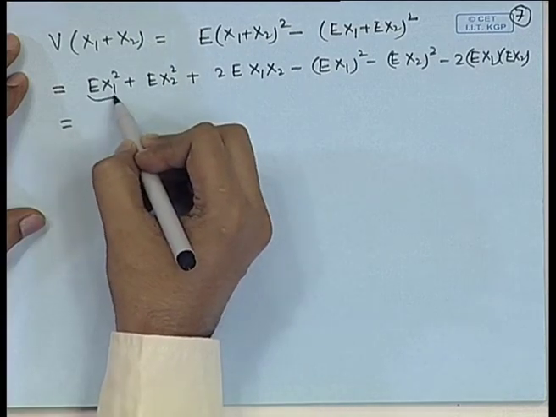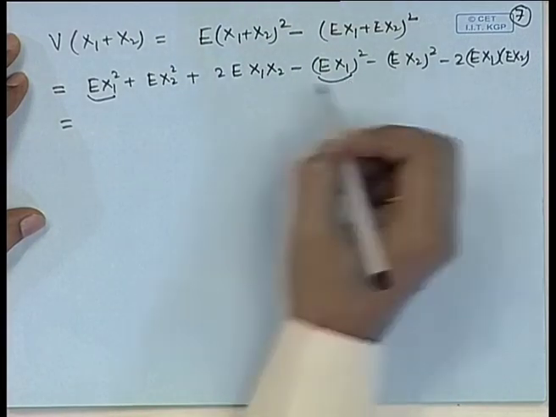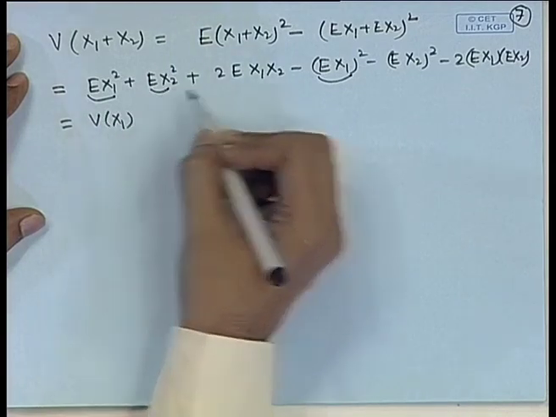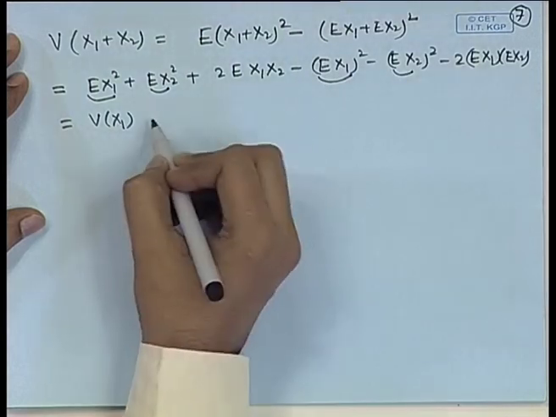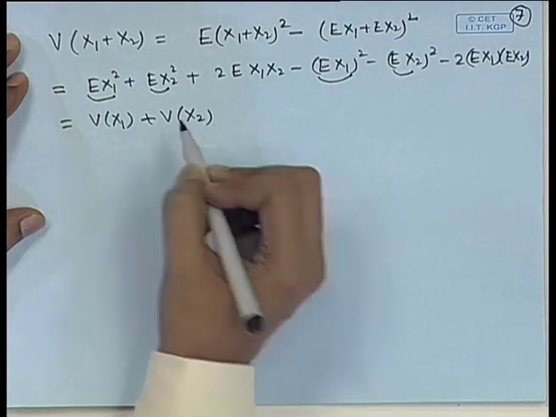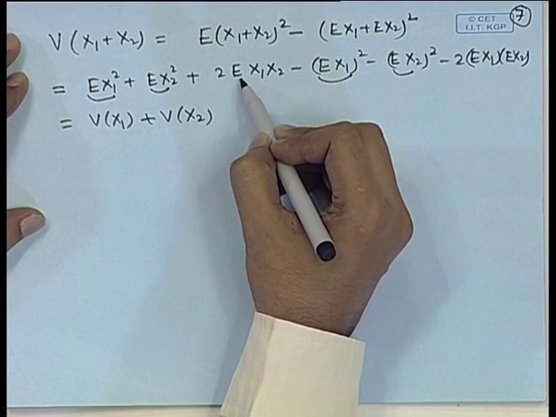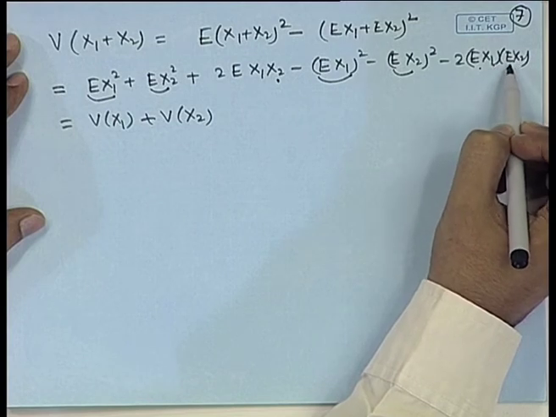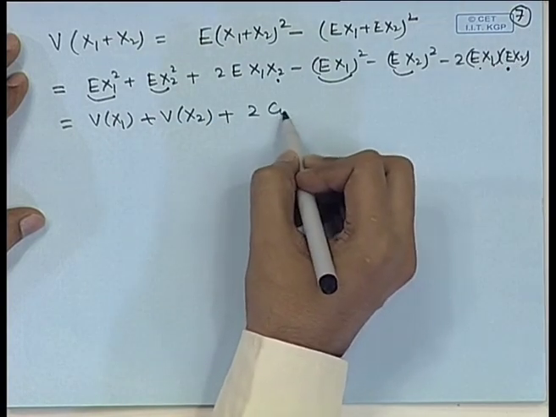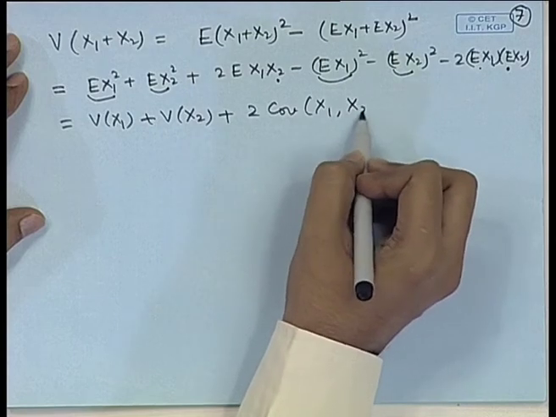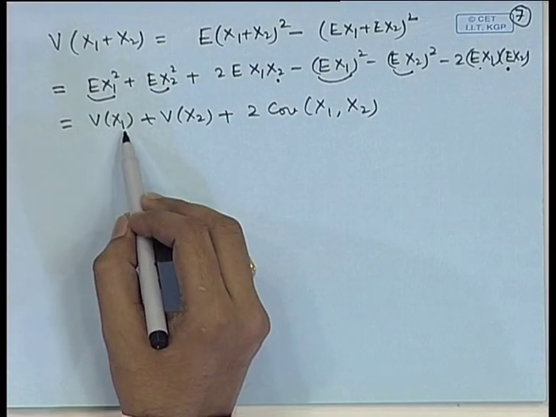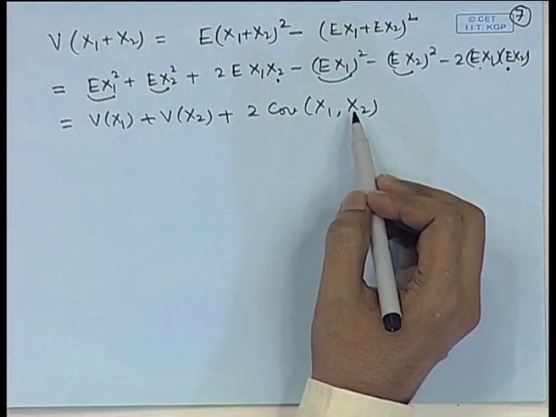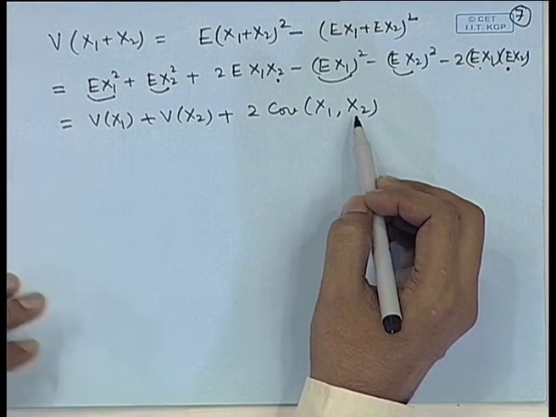If we combine expectation of X_1 square with (expectation of X_1) whole square, this is the variance of X_1. In a similar way, expectation of X_2 square can be combined with (expectation of X_2) whole square, which leads to the variance of X_2. Now, this cross product term, that is expectation of X_1 X_2 minus expectation of X_1 into expectation of X_2, is nothing but the covariance term. So, the variance of a sum is equal to the sum of the variances plus twice the covariance of X_1 X_2. So, there is an additional term here.